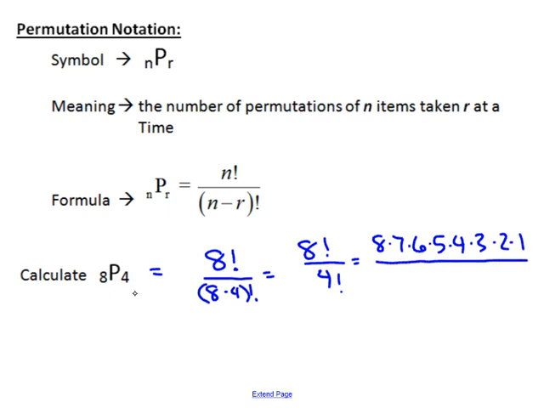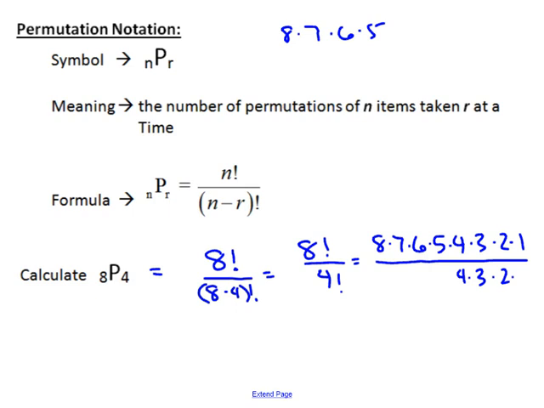And 8p4 means if you have 8 objects and you were going to pick 4 of them to line up. Maybe if you had 8 books and you were going to pick 4 of them to arrange on a shelf, right? Well, we know when we did that last time, we said, oh, that was just 8 times 7 times 6 times 5, and we're done. Well, here on this problem, I still have to do this 4 factorial.